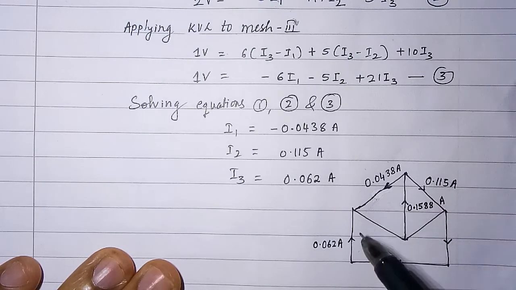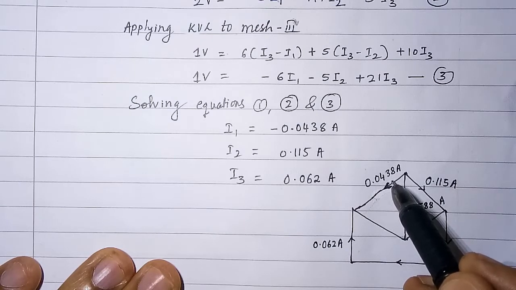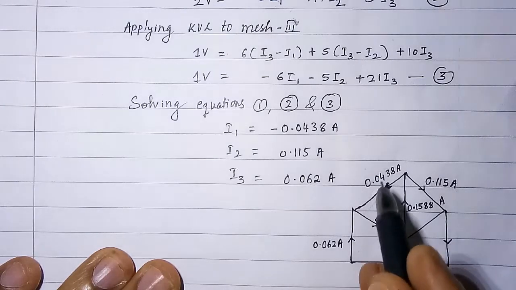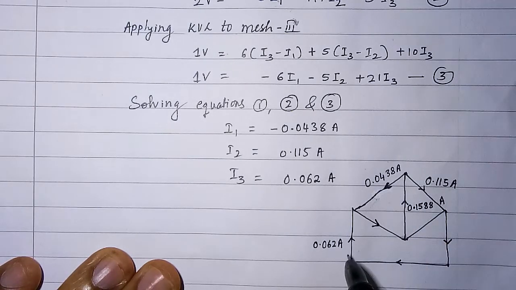Now 0.062 and 0.0438 are incoming currents. So definitely current through 6 ohm resistor should be outgoing current, and that should be sum of 0.0438 and 0.062 ampere.